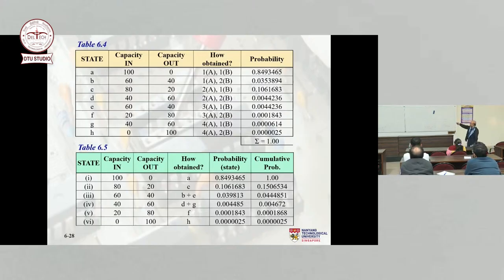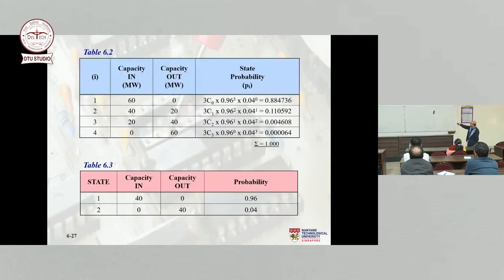I call these states A, B, C, D, E, F, G, H, I. Capacity available: suppose the maximum capacity available here is 60. So here is 40. If I'm in this state for these generators, and I'm in this state for these generators, the total available capacity is 60 plus 40.